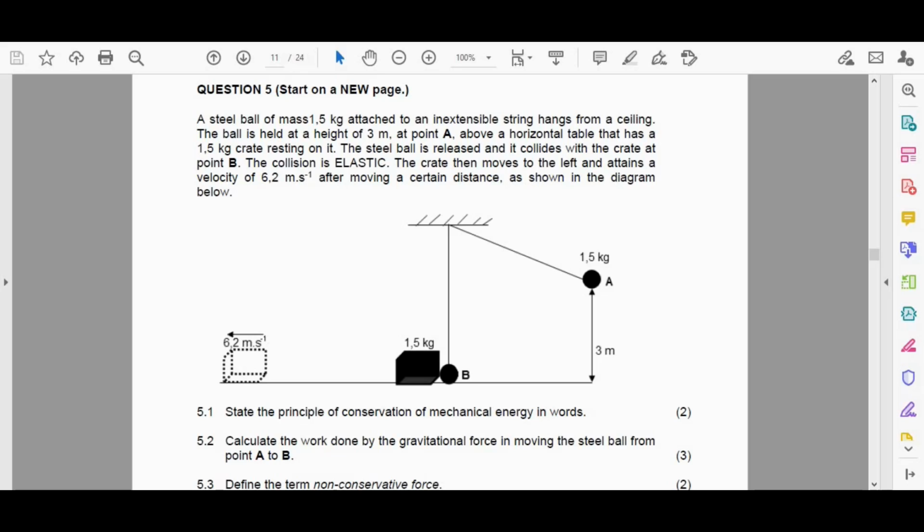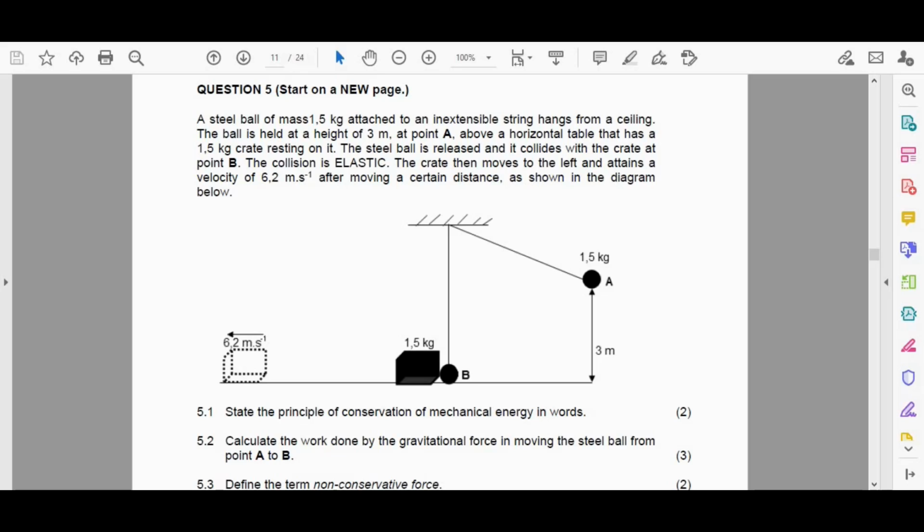The steel ball is released and it collides with the crate at point B. The collision is elastic. The crate then moves to the left and attains a velocity of 6.2 meters per second after moving a certain distance as shown in the diagram below.